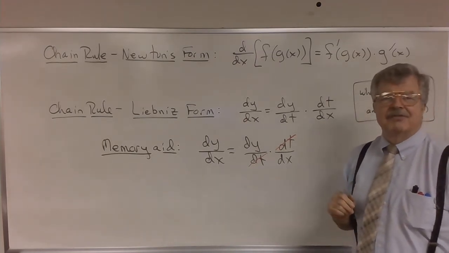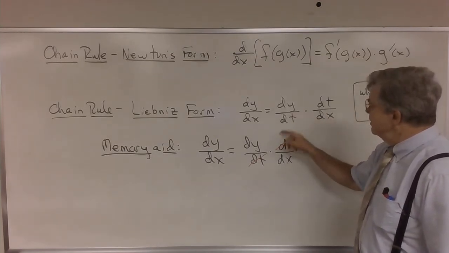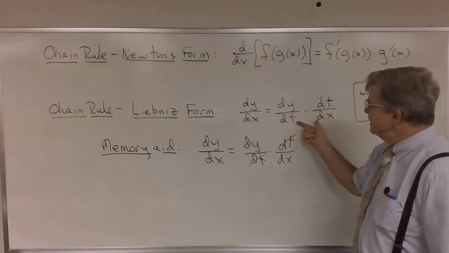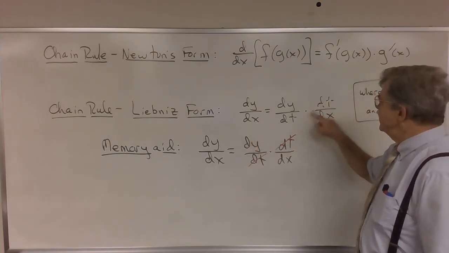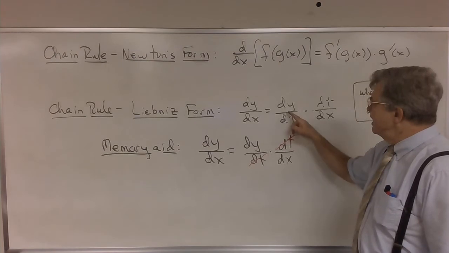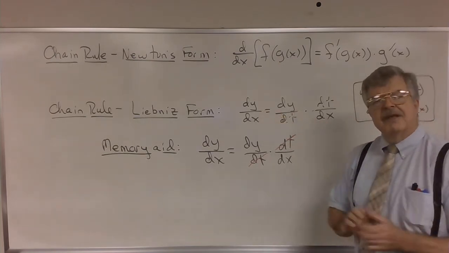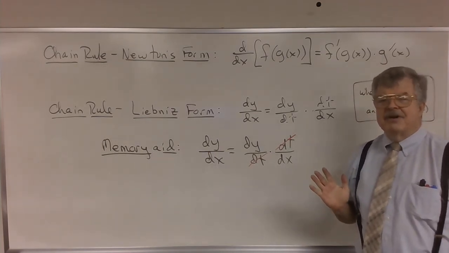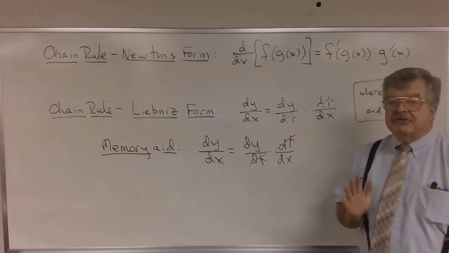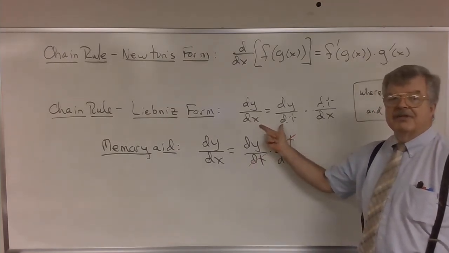We'll ask ourselves, okay, if I cancel out the dt's, do I have the same thing on the right side that I have on the left side? Let me see. If I cancel out the dt's, I have dy/dx, dy/dx. Yep, I've written it correctly. So that's a good memory aid for us to have, just to make sure that we write the Leibniz chain rule in the proper form.